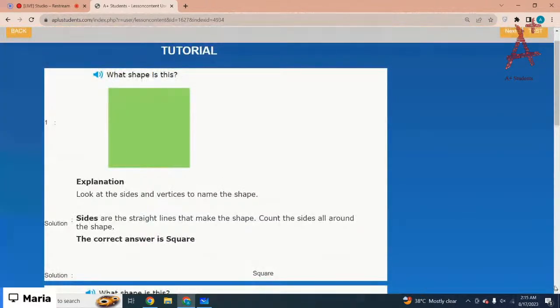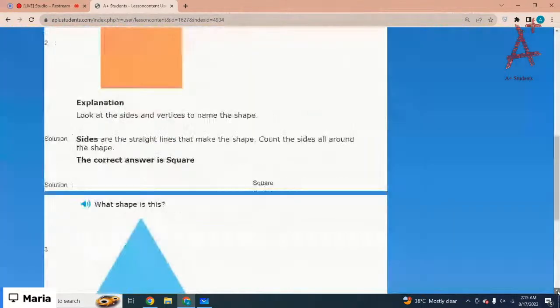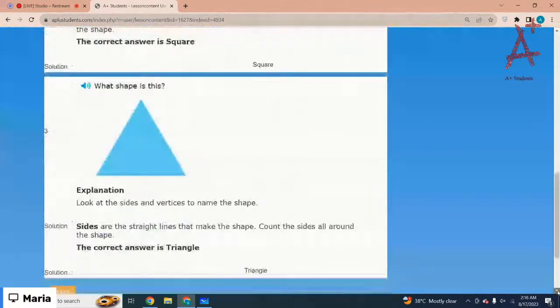Okay, let's just see the last one. There you have three sides that connect and make the shape.